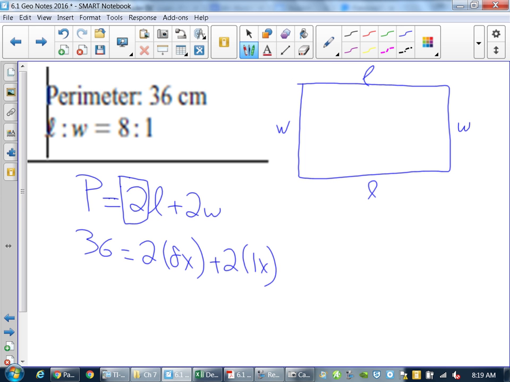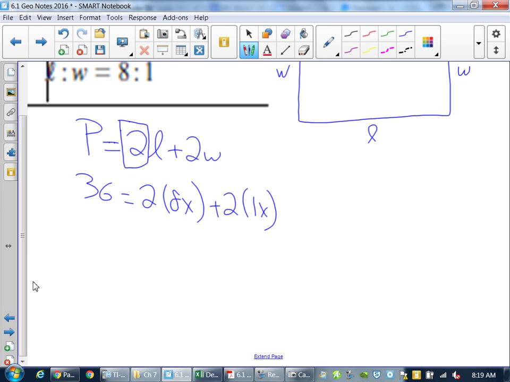So notice, just like we did earlier when we had the angles thing, we basically threw an x value into them. What's different here is that perimeter has a formula. It's 2 times that. So what's 2 times 8? 2 times 8 is 16, and 2 times 1 is 2.